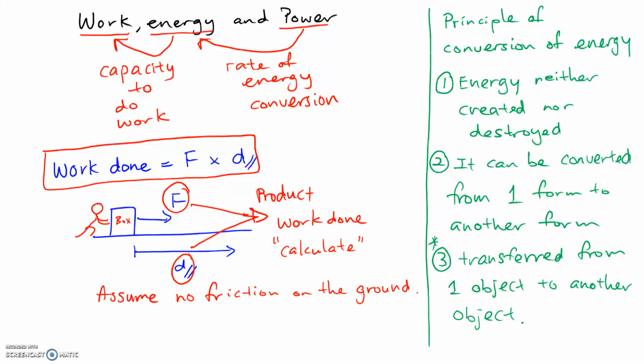Okay, so refer to the previous example when I said that I do work on the box and actually transfer energy from myself to the box. And when I'm transferring energy to the box, if there is friction on the ground, I'm also transferring energy to the ground in the form of heat, because work done against friction is usually dissipated as heat.